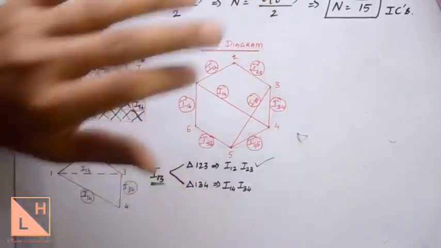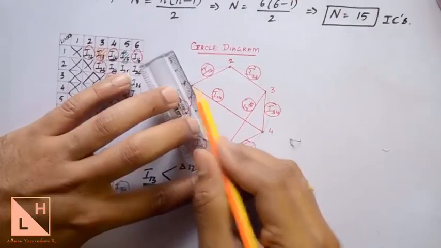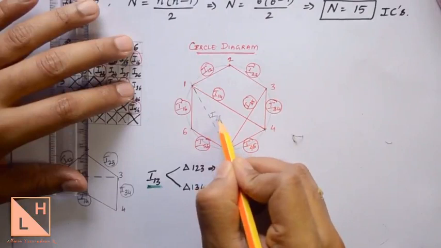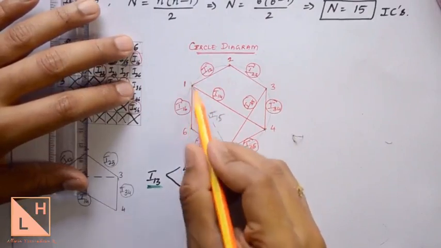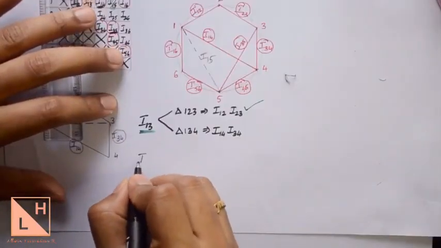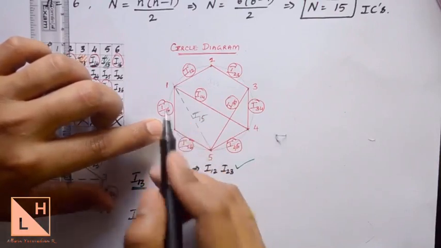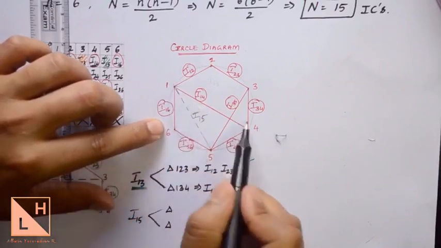So now I am going to connect I15. This is going to give us two triangles, 1, 5, 6 and 1, 4, 5, right? Now we are trying to find I15, two triangles which are related to I15 according to the drawing, 165 or 156 and 145.